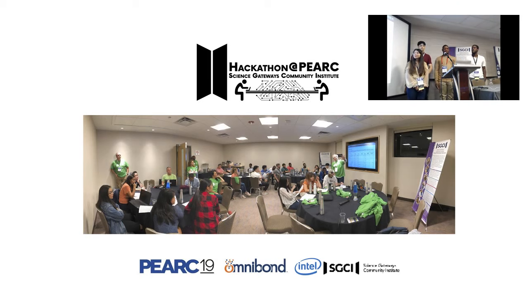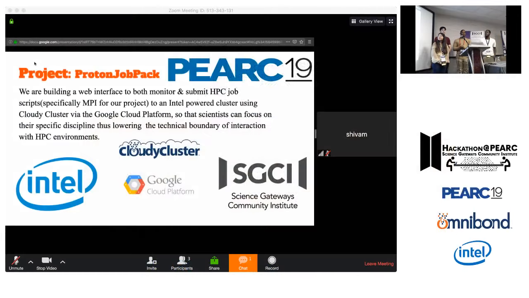We're the Cloud Busters, and our project, we named it Proton Job Pack as a reference to Ghostbusters. Our idea was to create a job management UI for HPC jobs. Specifically, we used MPI Prime for this one, and the idea was to be able to monitor and submit.